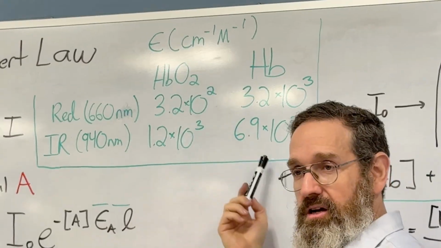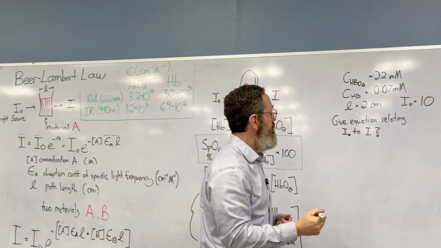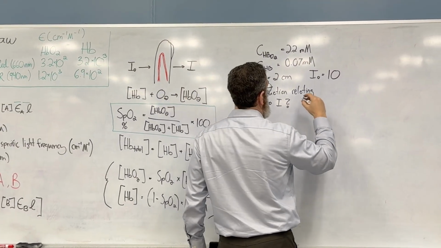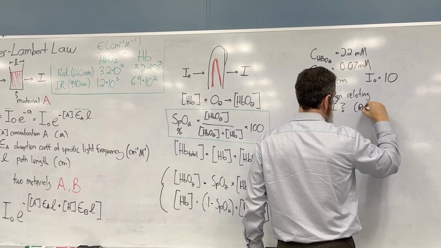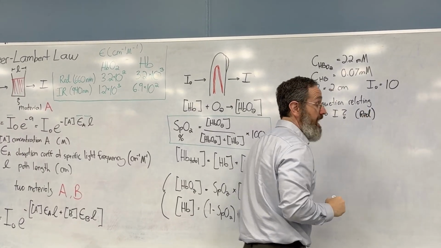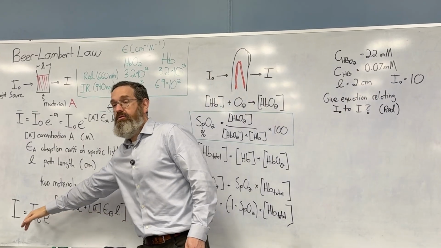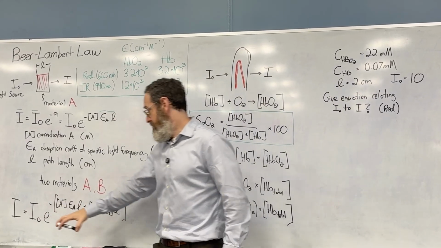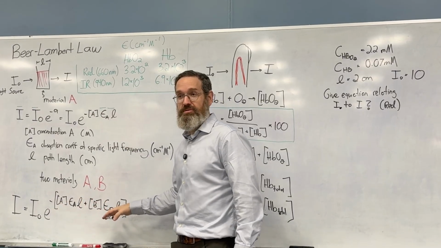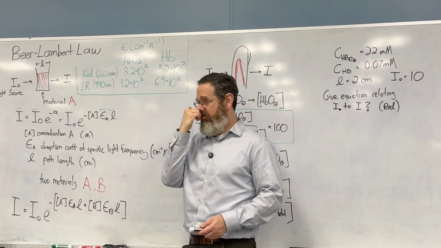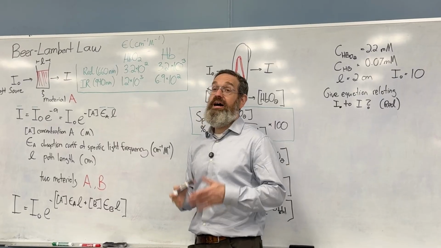The math's not going to come out the same. So let's pick red light. Now you should have all the information you need to write this equation out, and you don't need to solve it, but it's all going to be numbers, right? So go ahead and now you have the information.